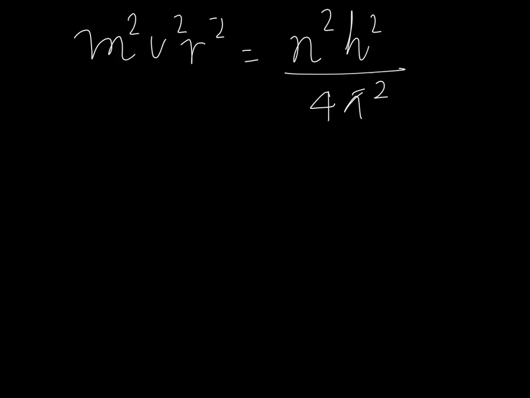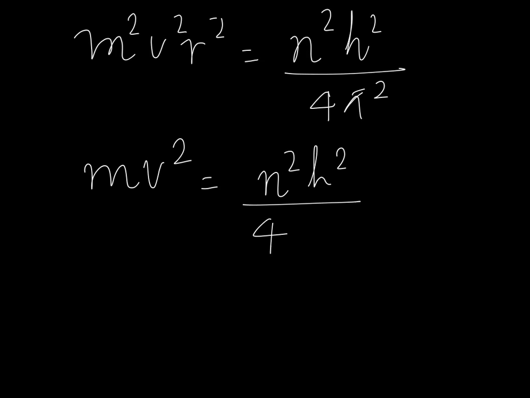So we will have mv squared equal to n squared h squared divided by 4 pi squared m r squared.